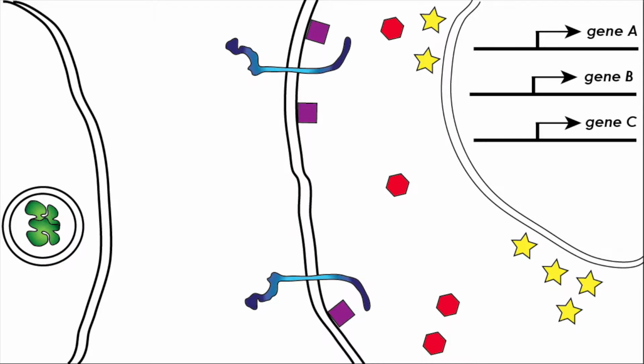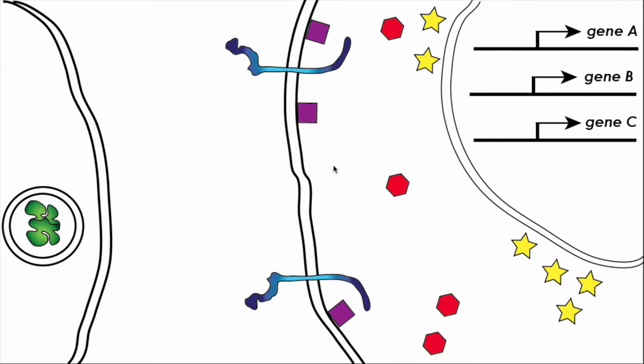Here are two cells. One producing a ligand packaged into a vesicle, and the receiving cell equipped with the correct transmembrane receptors. This cell also has a variety of other proteins within its cytoplasm, some of which link to the inner leaflet of the membrane.